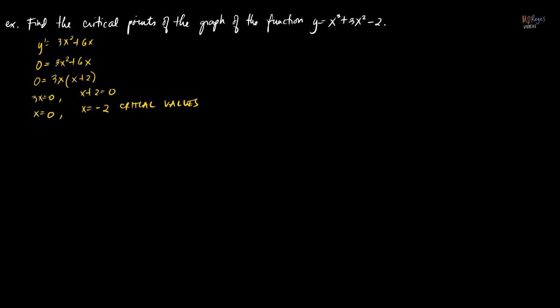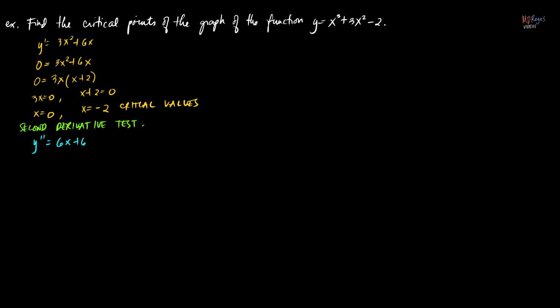By using the second derivative test, we would know whether these critical values will yield a maximum or a minimum value of the function. We need to get the second derivative of the function. If y prime is equal to 3x squared plus 6x, then y double prime is 6x plus 6.